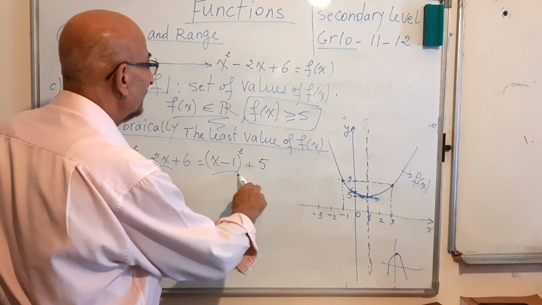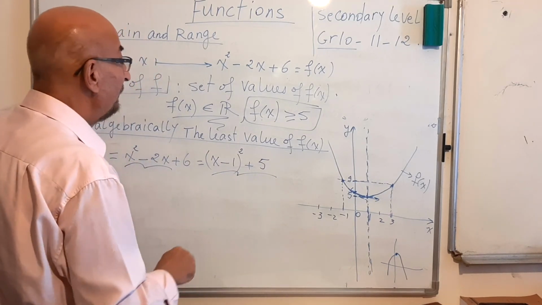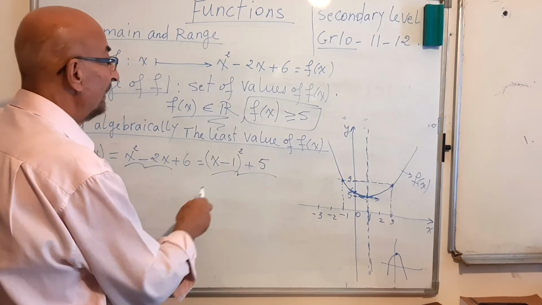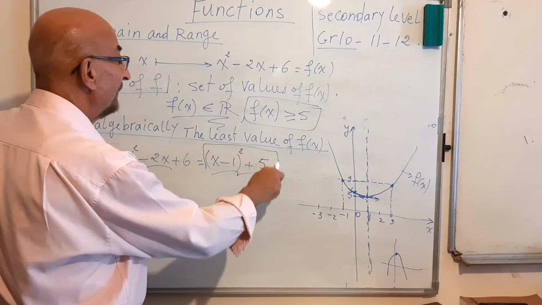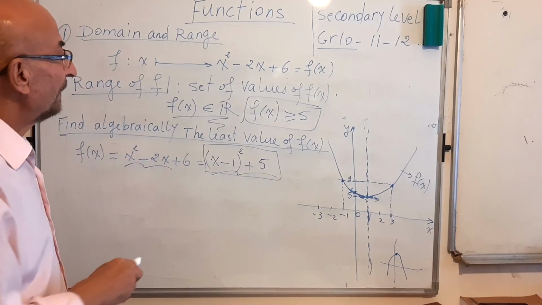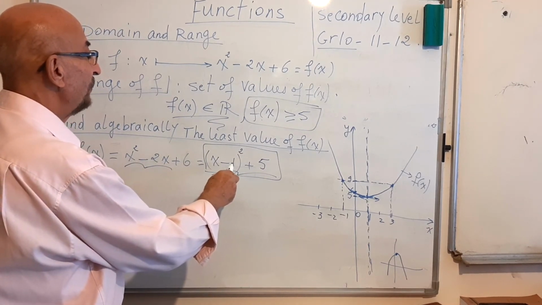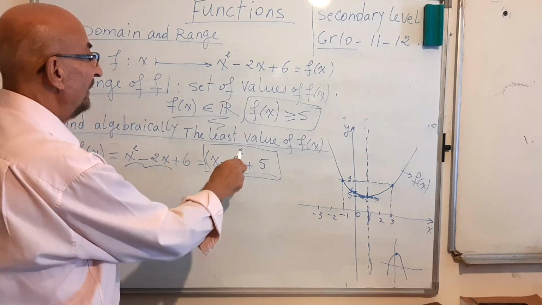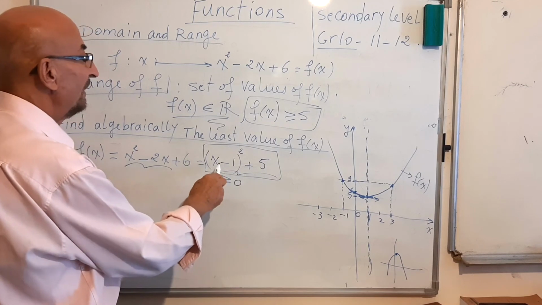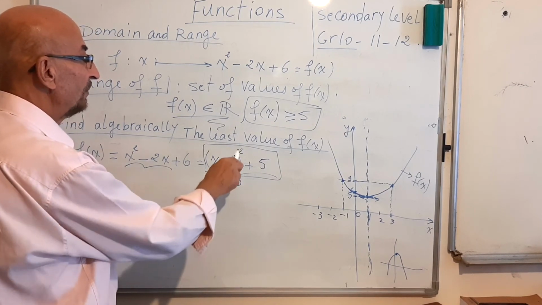Now we can find the least value of f of x from this expression. The minimum of (x minus 1) squared is 0, since (x minus 1) squared is greater or equal to 0.